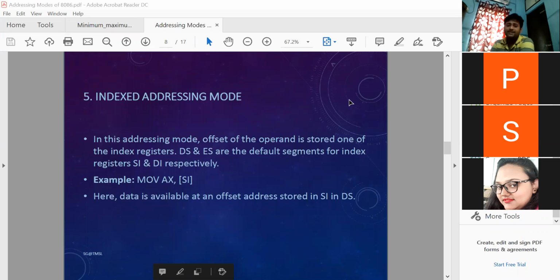So DS is 3000, SI is 1000. Then what will be the physical address? Your physical address is 31000. So 31,000. Is it clear?